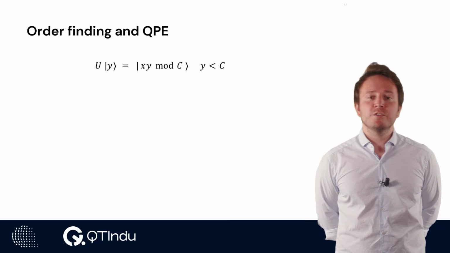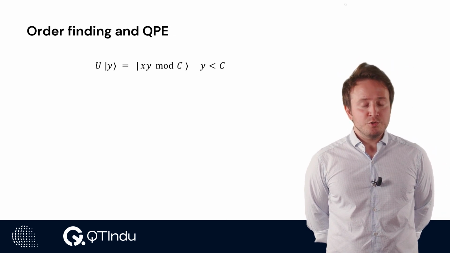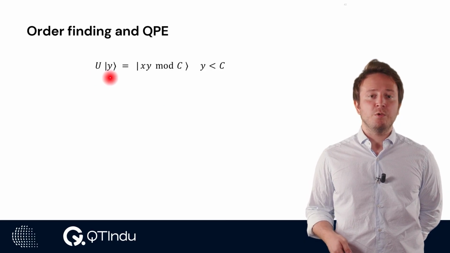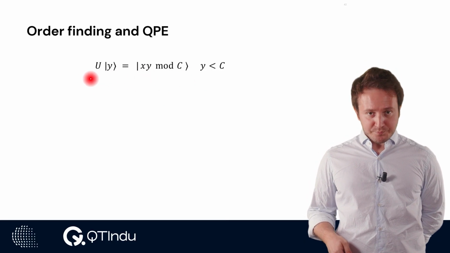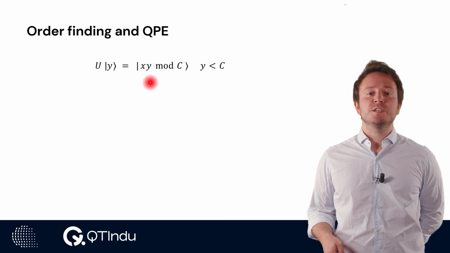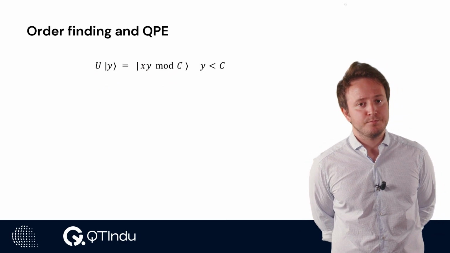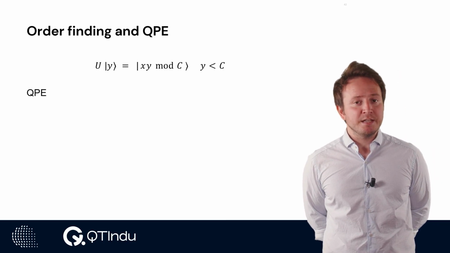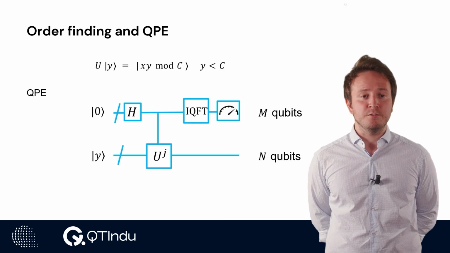Now let's see how order finding and quantum phase estimation are related. To do so, we introduce the unitary U that acts on a state y in the following way: it multiplies y by x and takes the modulo C. Now, this is something that we can use quantum phase estimation to get insights on.